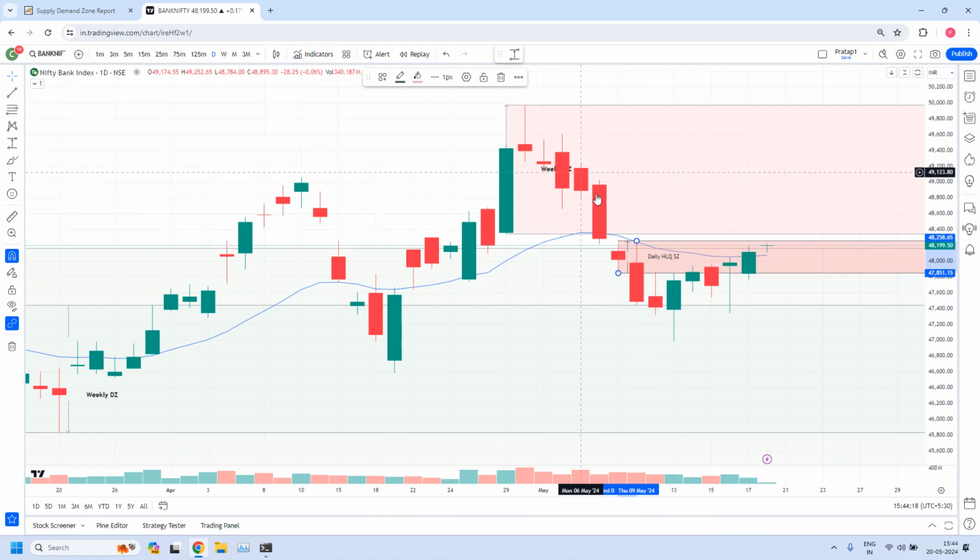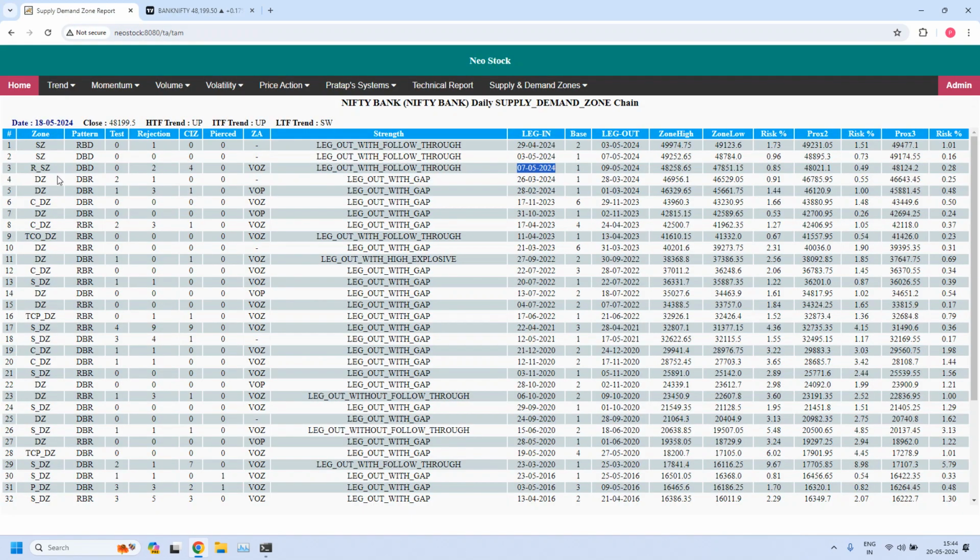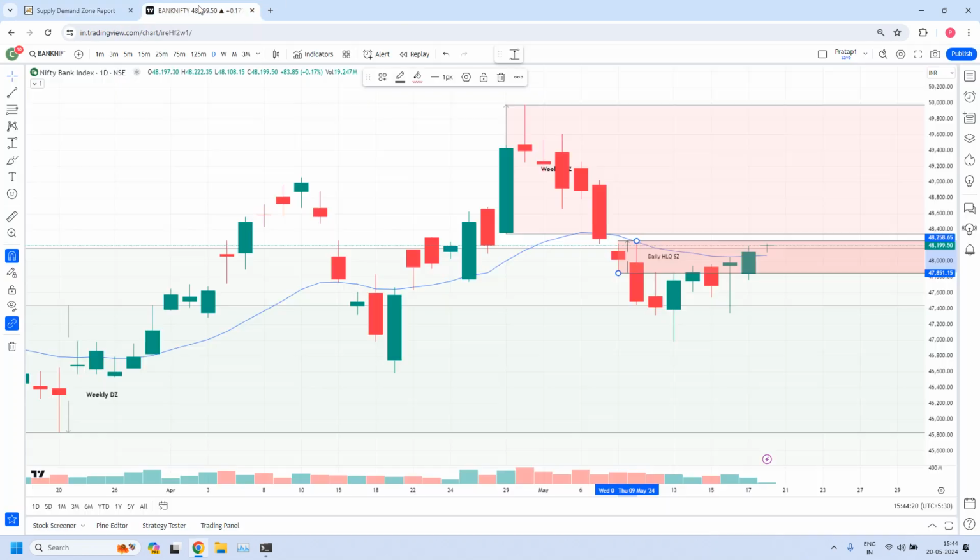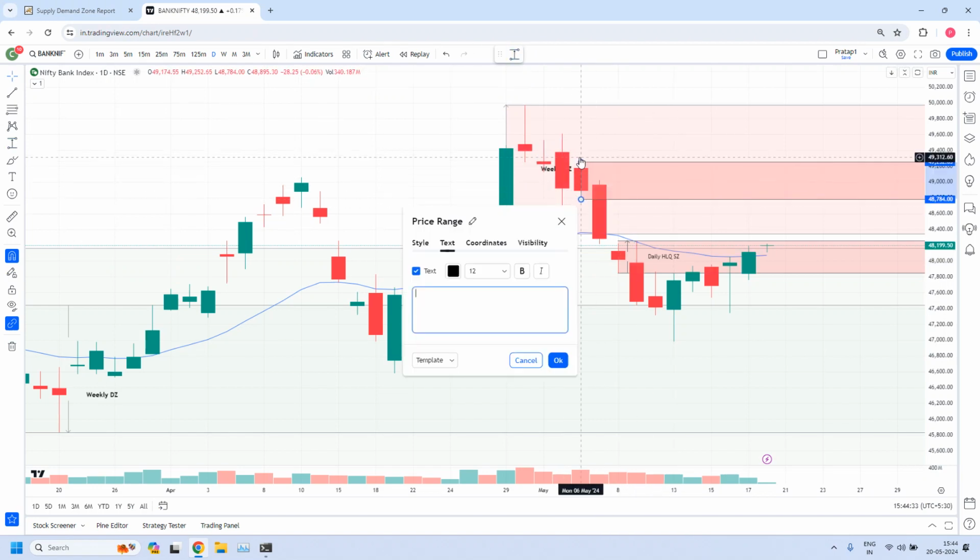Let us draw one more inside because we are looking for zone confluence. So we have a supply zone, 3/5/2024. This is the one, 3/5/2024. This is having the confluence. This is a fine-tuned daily supply zone.